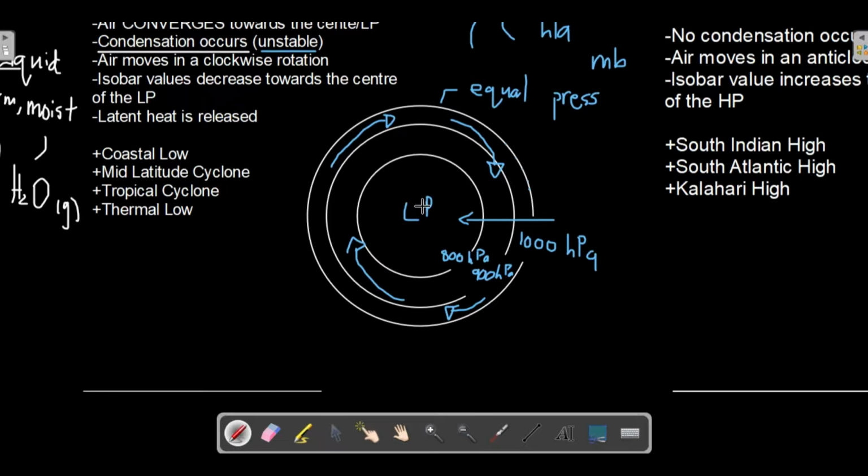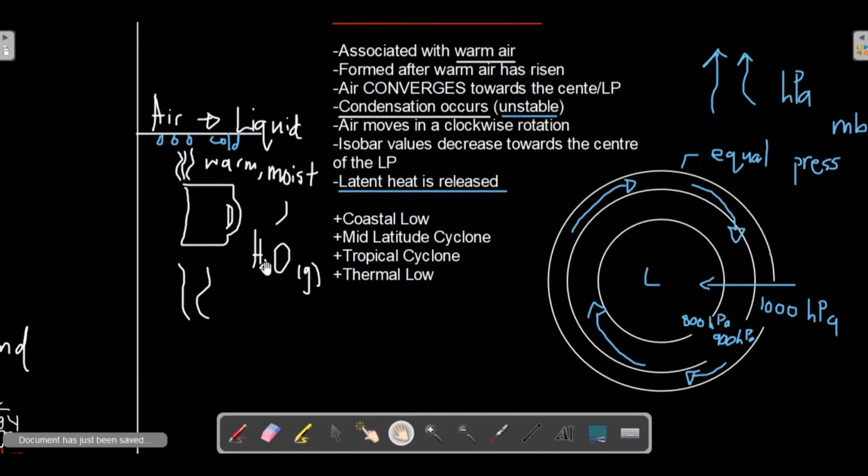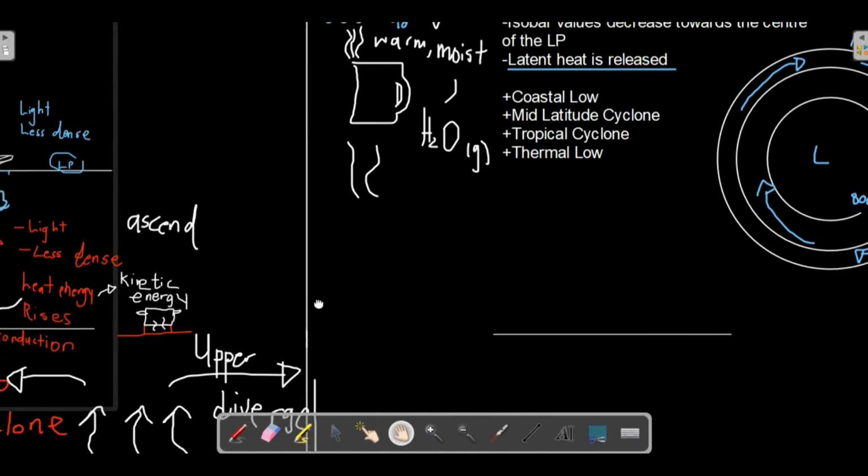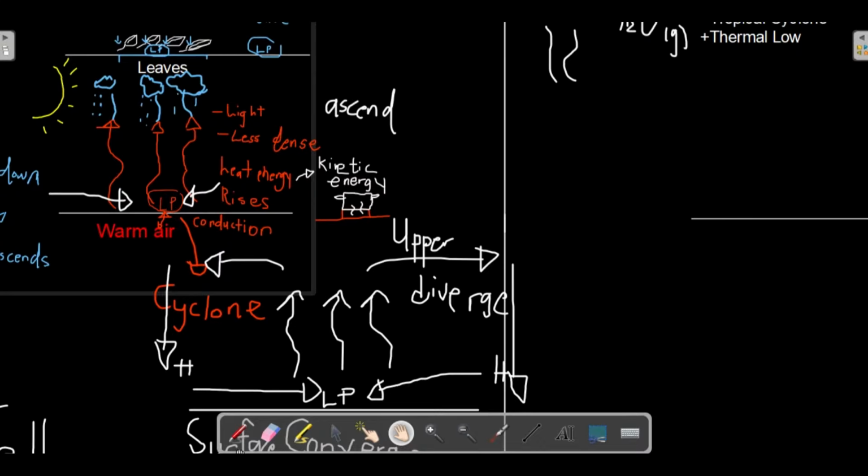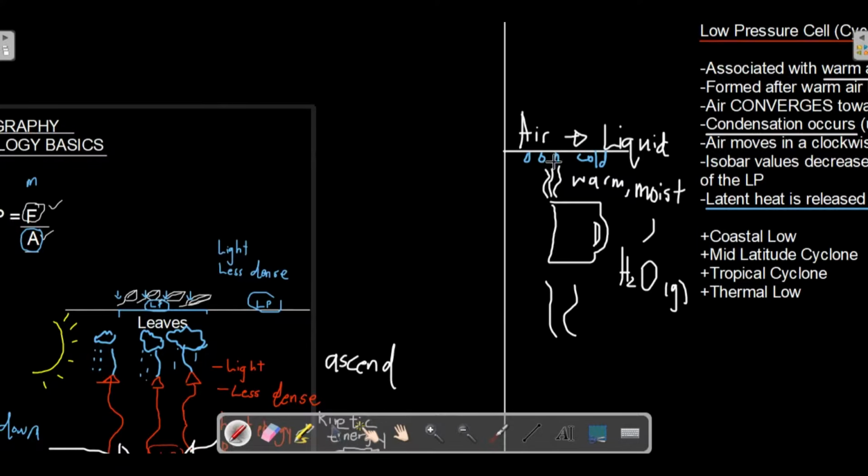That's one of the clues that you would use, and of course the LP or the letter L that you would see in a synoptic weather map. Right, and also we have this type of energy that is released, which we call the latent heat. As this air condenses into clouds, as you change from one phase to another, there's energy released, and that energy we call latent heat.